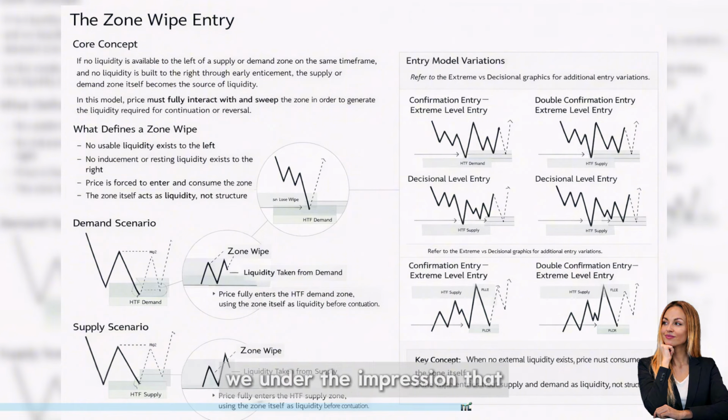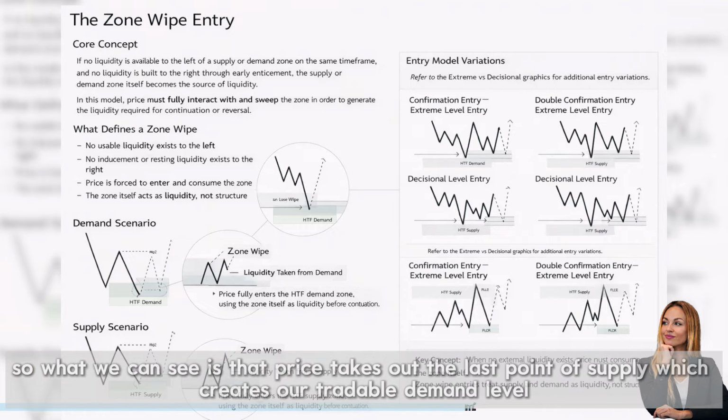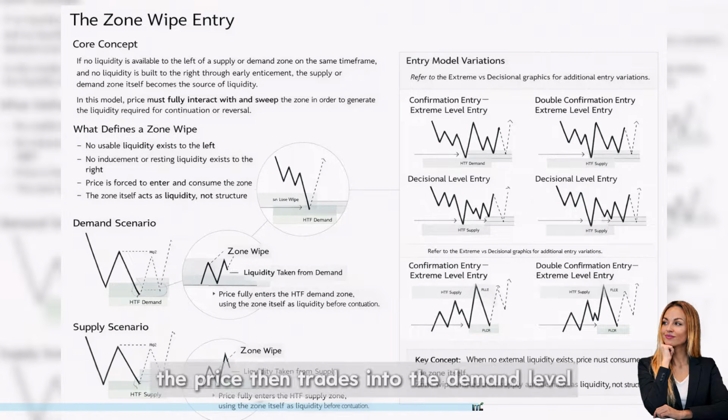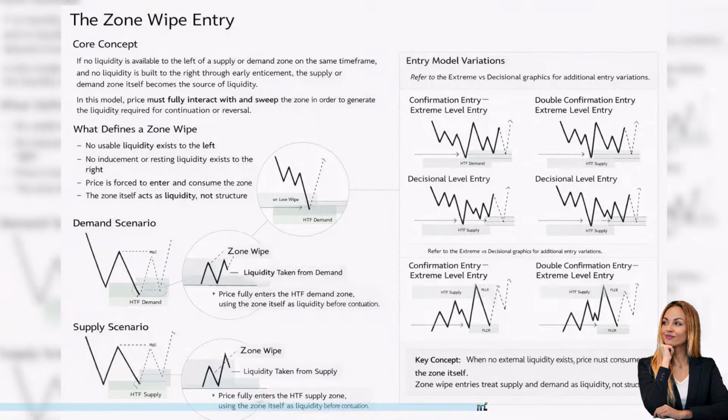We are under the impression that no liquidity necessarily needs to be created to the right. So what we can see is that price takes out the last point of supply, which creates our tradable demand level. The price then trades into the demand level. This is where we would look to execute long and take the trade.